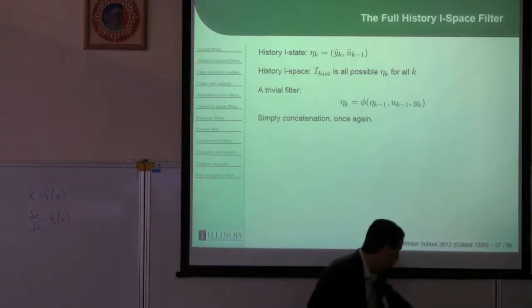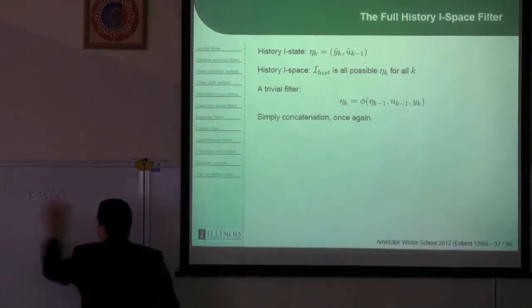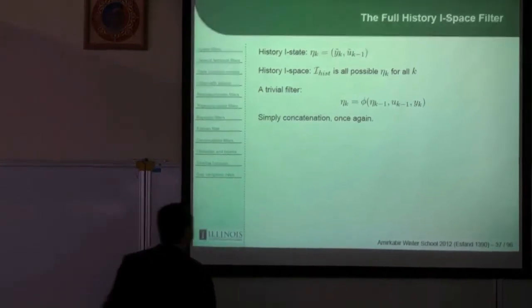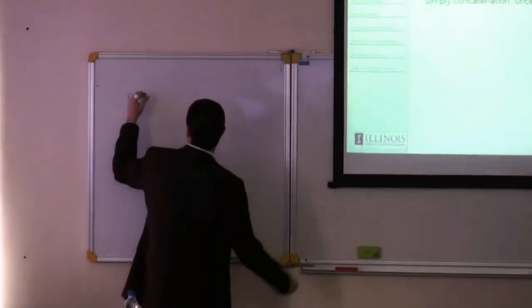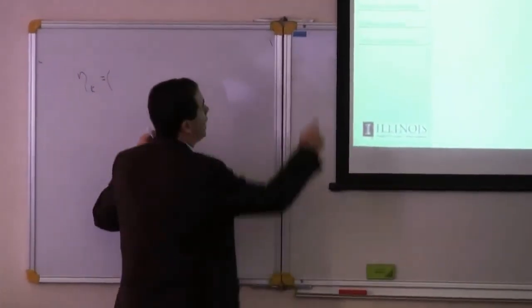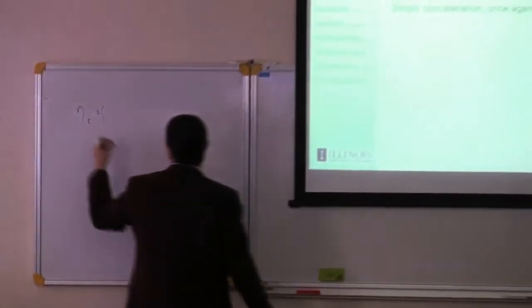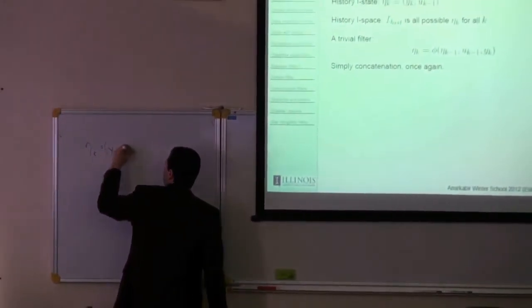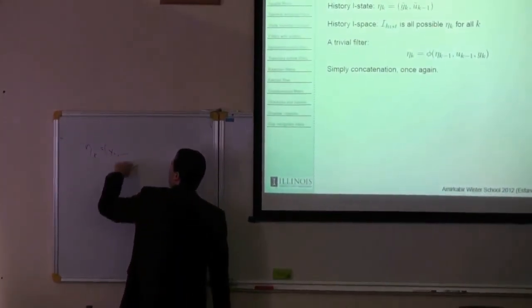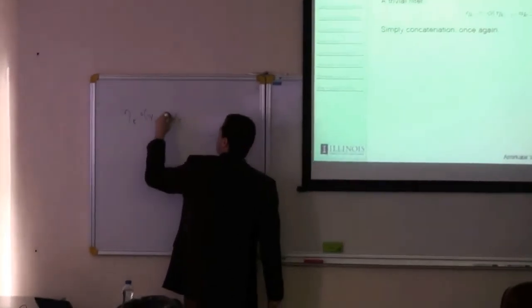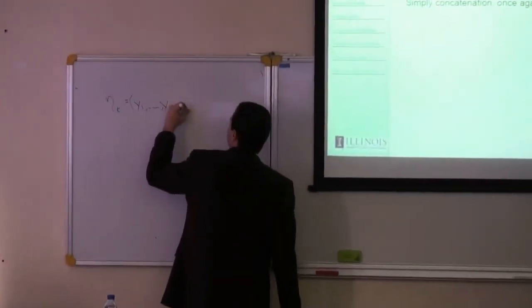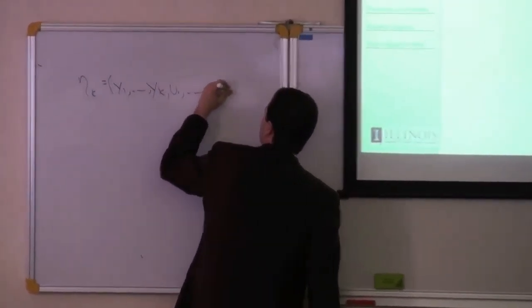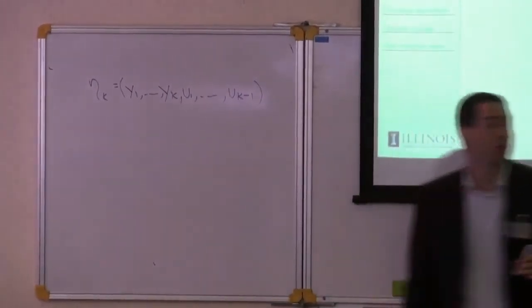let me write it on the board here. So in this case, the history up to k, as I have there, is equal to, I wrote it with tildes, let me write it without tildes just so you can see it a little better. It goes y1 up to yk, and u1 up to uk minus 1. Right? So that's really what that means up there.